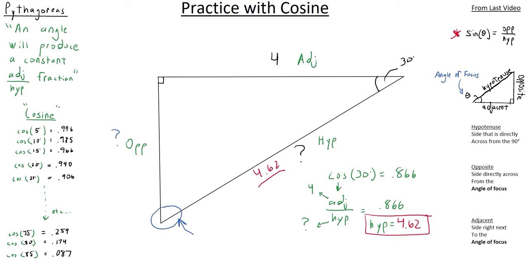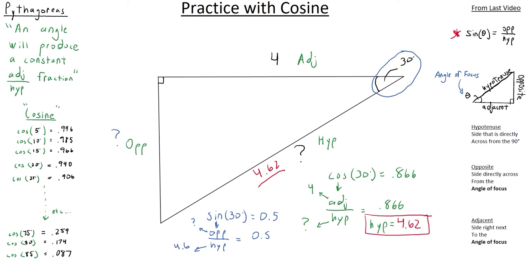But we could actually use sine. We could actually keep our angle of focus as our 30 here and use sine to answer this question. So the sine of 30 degrees is just 0.5, and I know that sine just means the opposite side of that 30 divided by the hypotenuse side. Opposite is unknown.